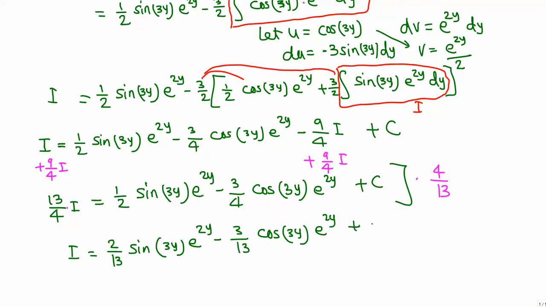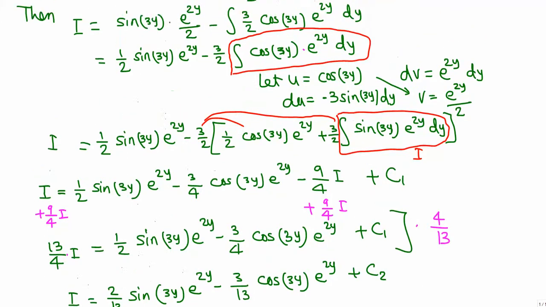That will be a new constant. We could have said c1, and 4/13 times c1 is c2, because we need to multiply by 6 later and we'll write the final answer as c.